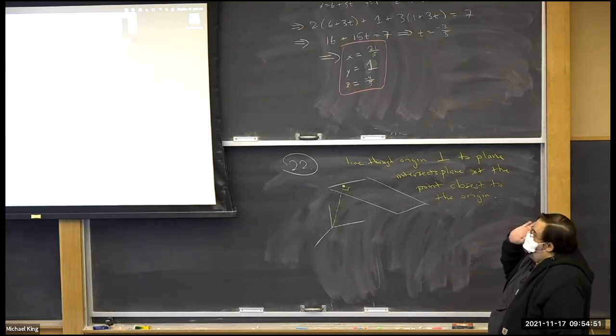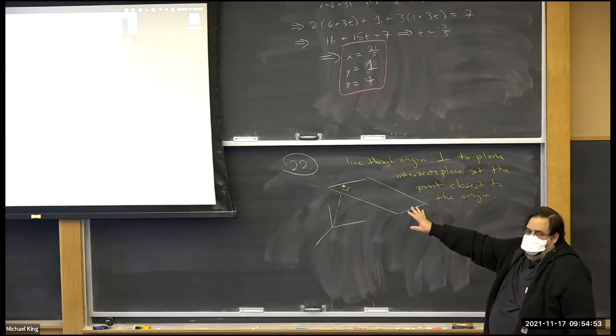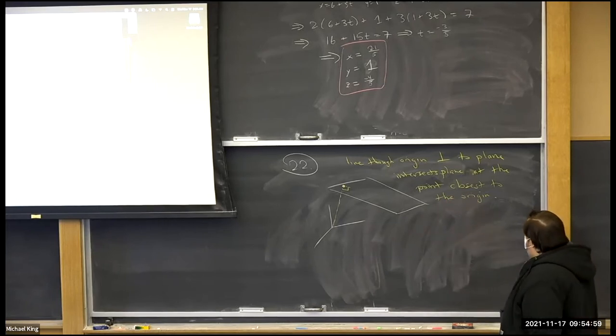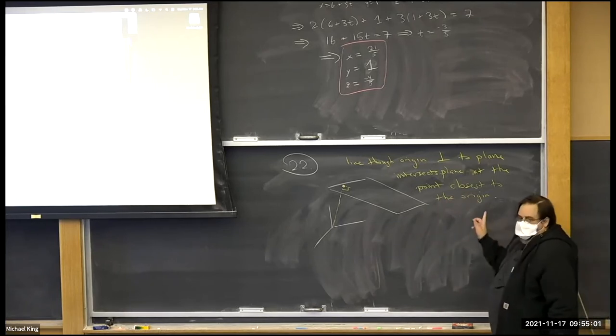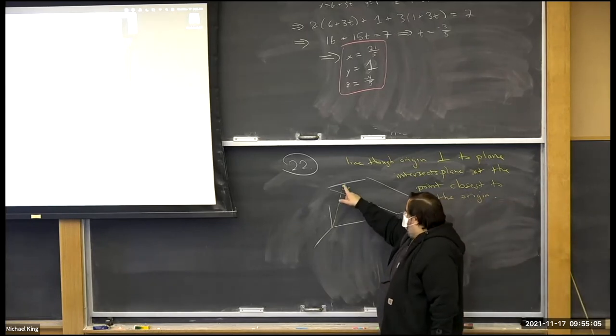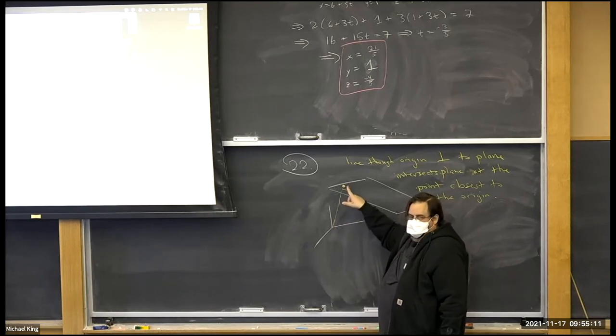You could use Lagrange multipliers, minimize x squared plus y squared plus z squared with respect to the constraint. Or you could do this where it looks like the insight most people had was that the line from the origin to the plane is perpendicular. That's like the closest point.